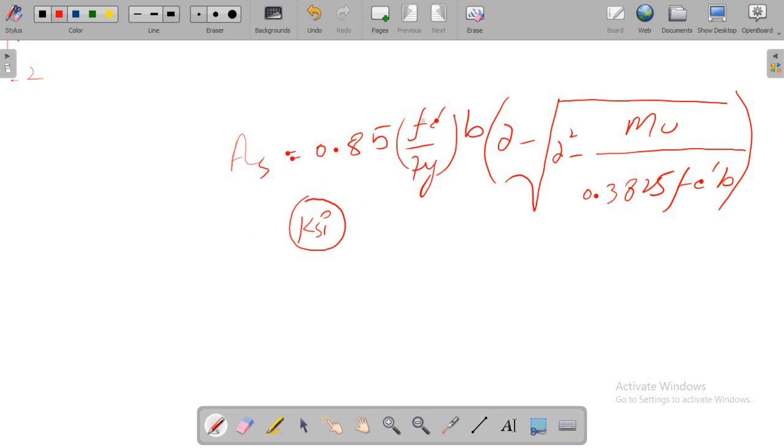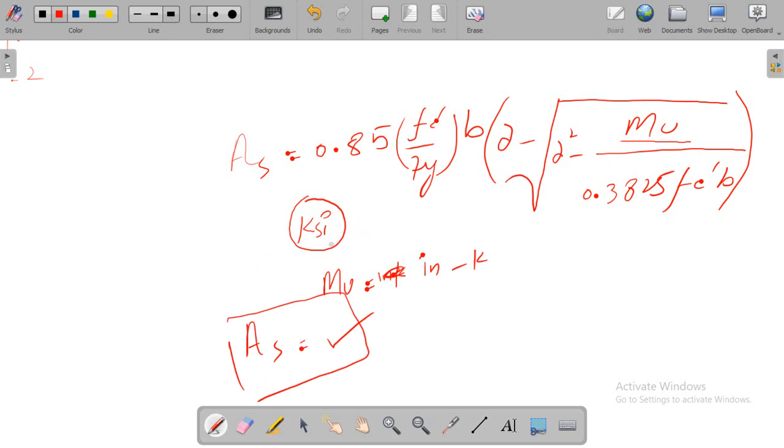So if you are using fc prime, let's say 4000 psi, so plug here 4 divided by 60, and value of b will be in inches, d value will be in inches, and bring the mu value in kip-inches, right? Kip-inches. So by doing this, you will be consistent with units and plug all these values in one time in calculator. You just simply derive the value of A_s, which is the easiest way and the quickest way that you can get the value of A_s.